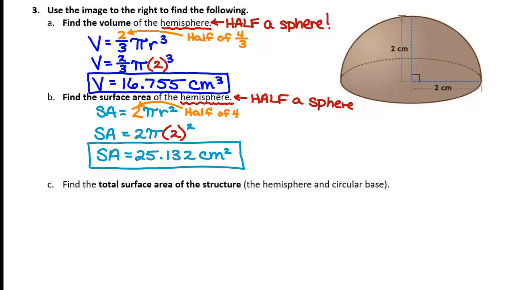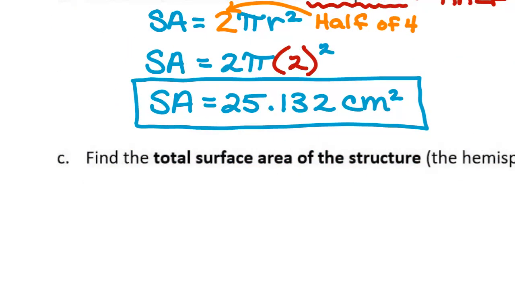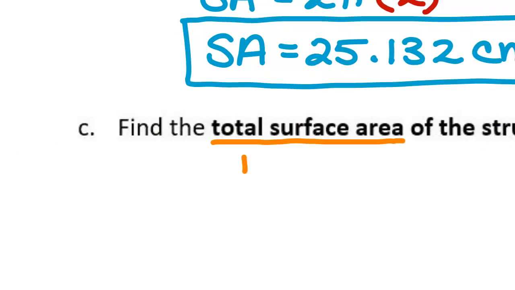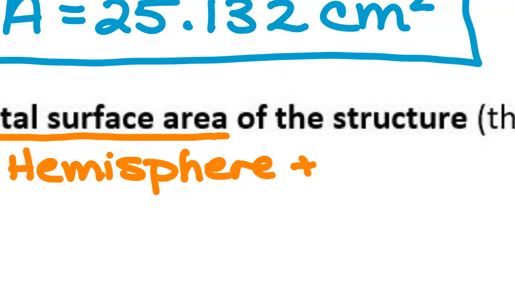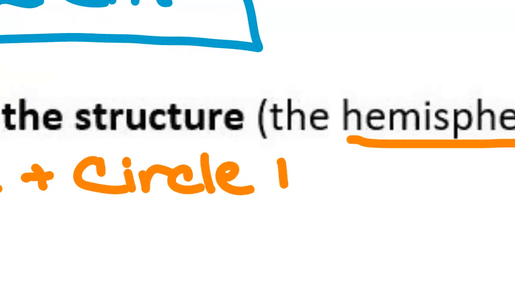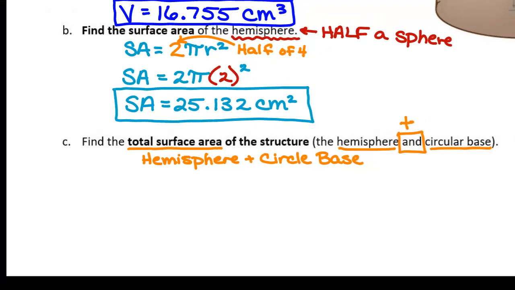And now part C, find the total surface area of the structure, the hemisphere plus the circular base.